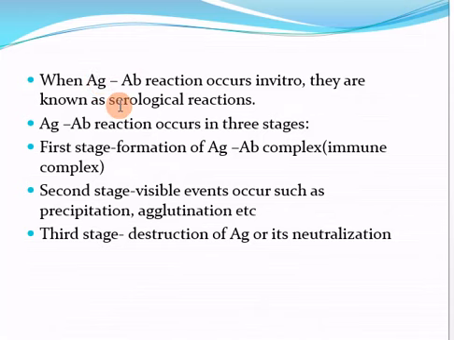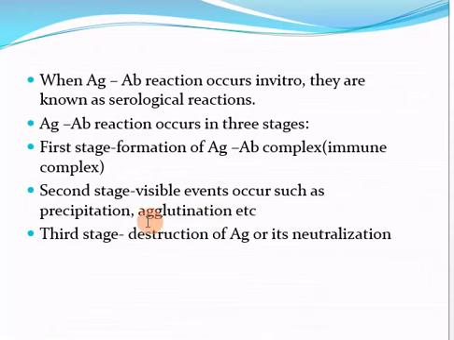Likewise, now you know AG always has a specific AB. AG means antigen, AB means antibody. So specific antigens and antibodies react to each other in a very specific manner. There are 3 stages where antigen and antibody react. The first stage is formation of the AG-AB complex, so it is called the immunocomplex. The second stage is very visible: they will precipitate, agglutinate or neutralize.